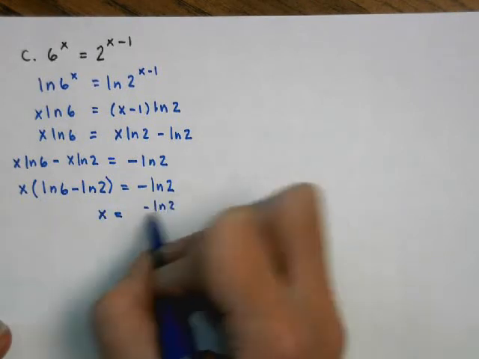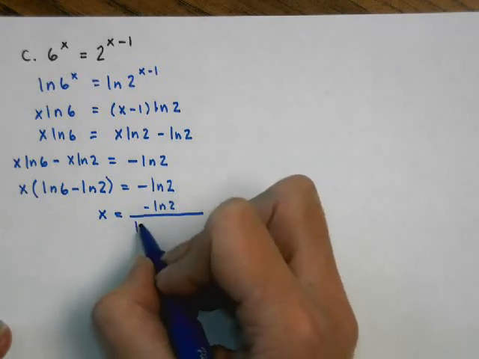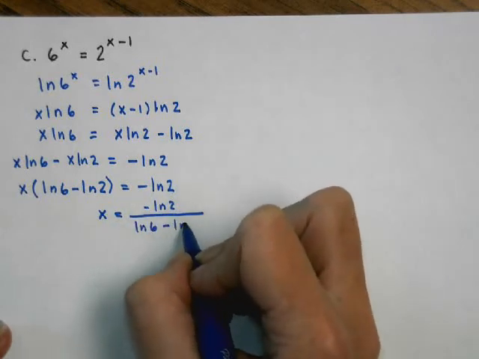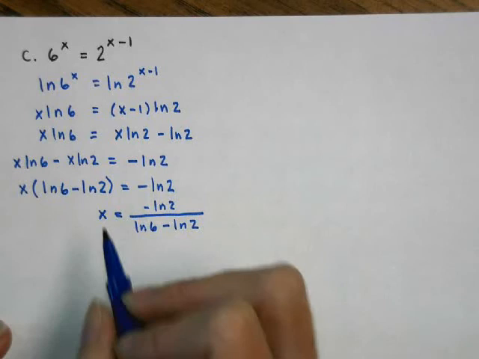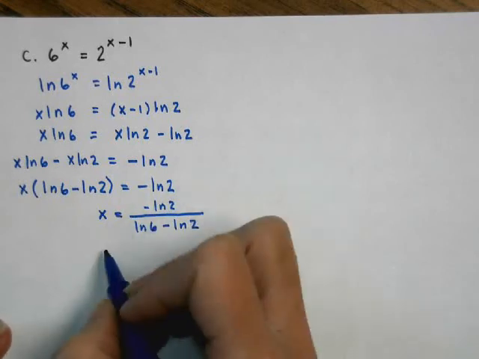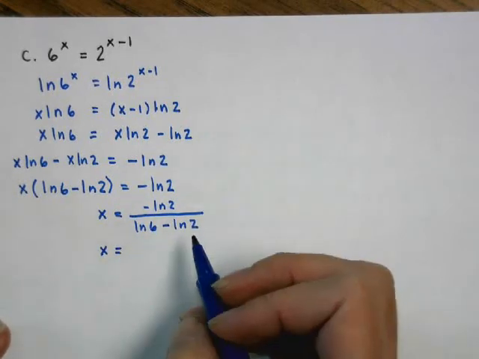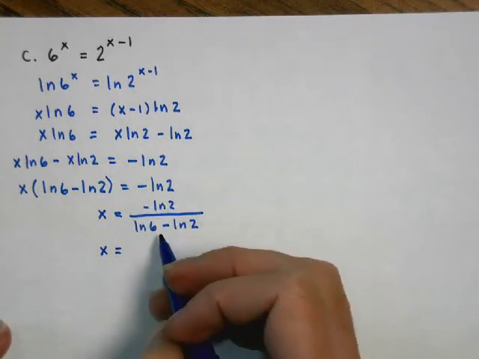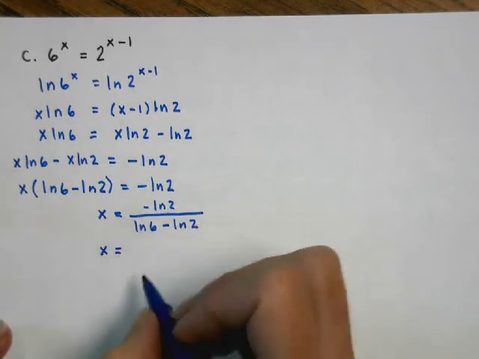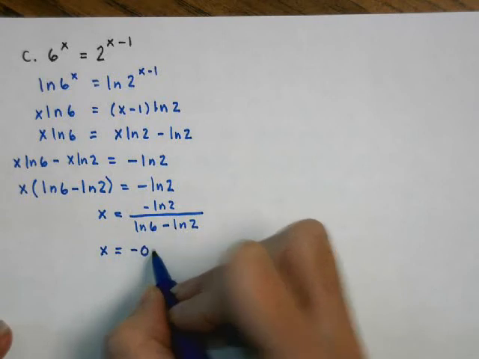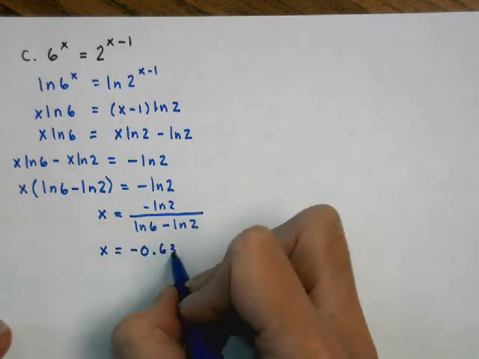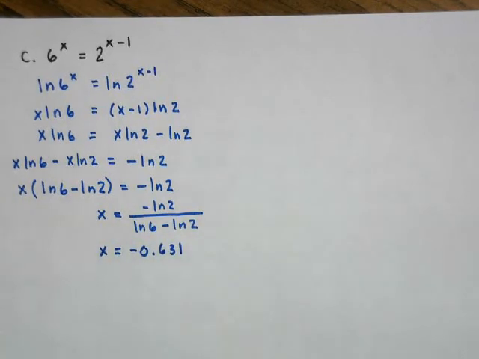So negative natural log of 2 over (natural log of 6 minus natural log of 2). Then you type all of that into the calculator using careful parentheses. You can also use the fraction feature, and you'll get negative 0.631 when you do so.